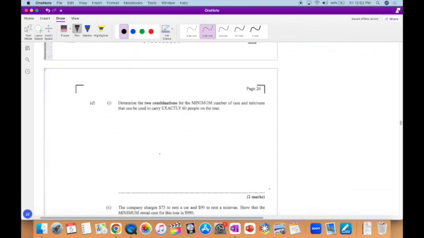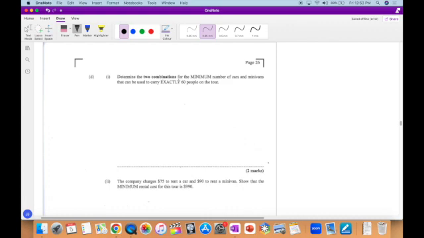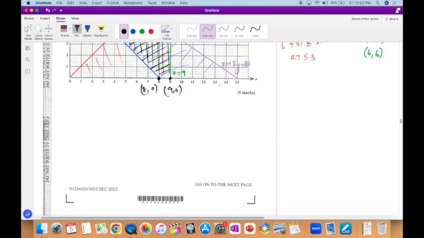So we have this region here bounded by these points, and those points that bound that region are very important, because they determine the two combinations for the minimum number of cars and minivans that can be used to carry exactly 60 people on tour.